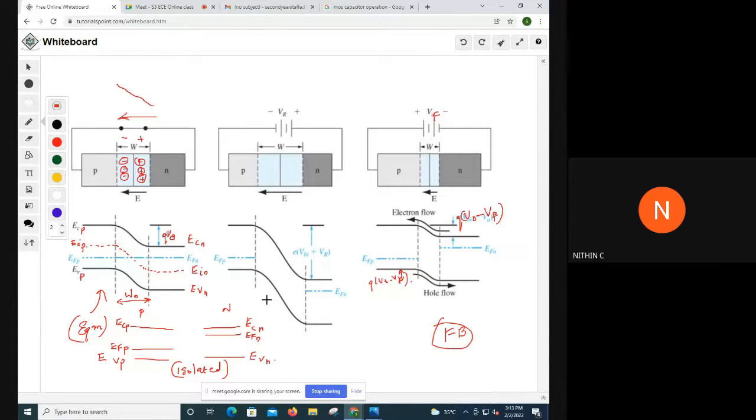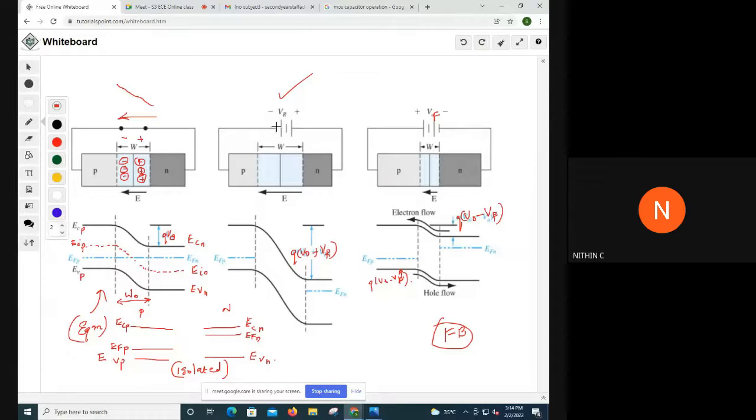Okay, so this will be the forward bias condition, and then you have the reverse bias condition. Again, two things are to be noted. One is that with respect to equilibrium, this height has to increase, and this width also will have to increase. If you look at the figure, you can see that this width has increased and this height also has increased, and it will change as Q into V0 plus VR, where VR is the reverse voltage that you apply.